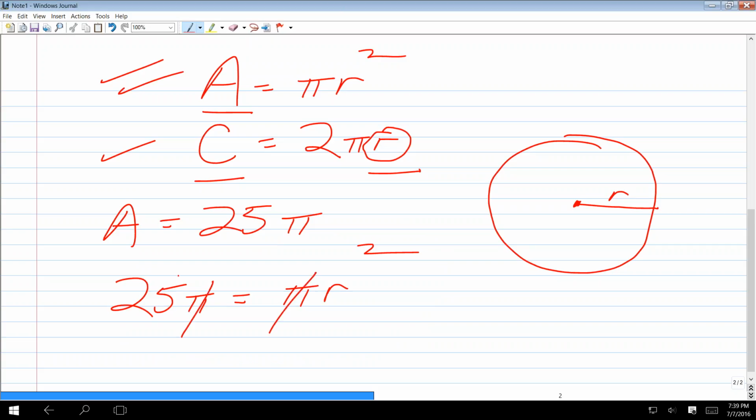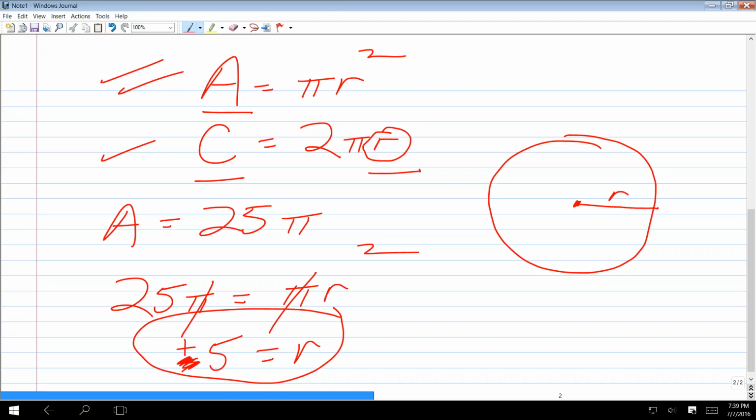And then I get r squared equals 25, which means r equals plus or minus 5. But only plus numbers make sense in geometry a lot of times, and that's something you have to get used to. The rules of algebra apply to geometry, but when I get a plus or minus, obviously the radius can't be minus 5. So I throw that out, and the only answer is the radius is 5.